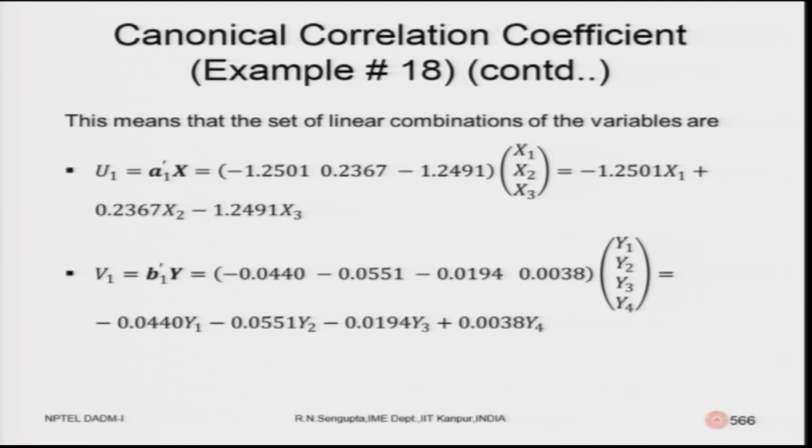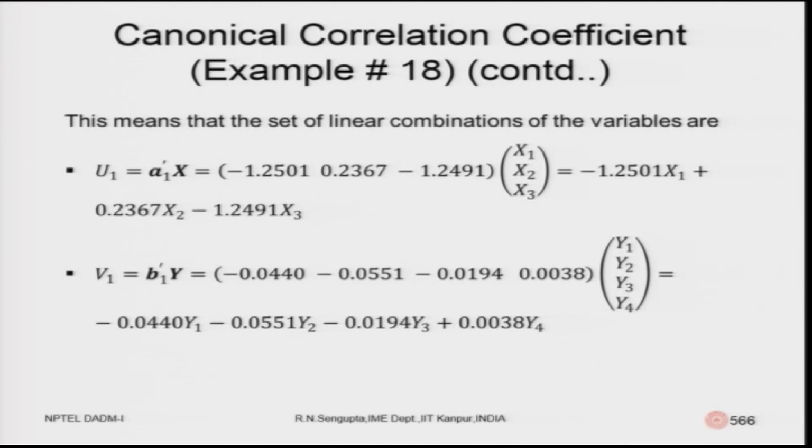So, the set of linear combinations of the variables is given by u1. As I mentioned, u1 is a linear combination of a and x. The a's we have already found out. If you remember, they would be a1, a2, a3 depending on the rows. Technically, a is a matrix of 3 cross 3.